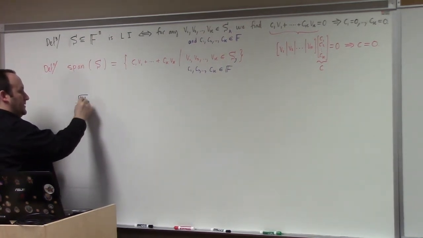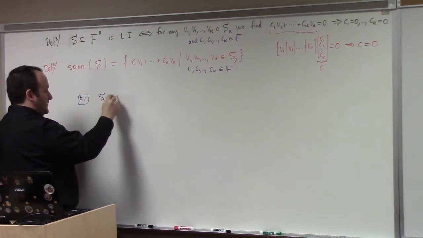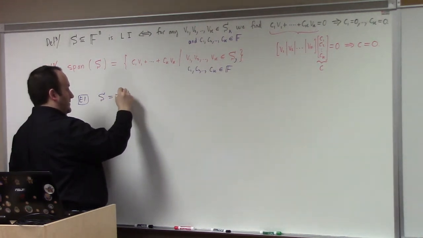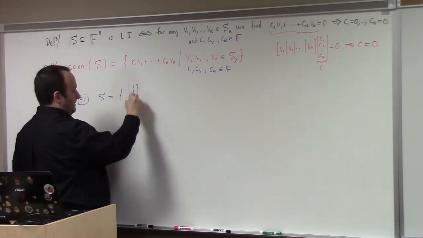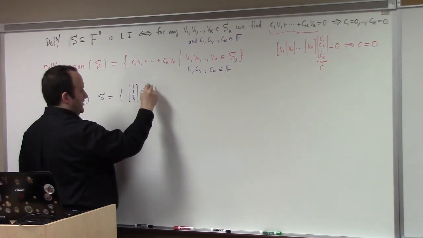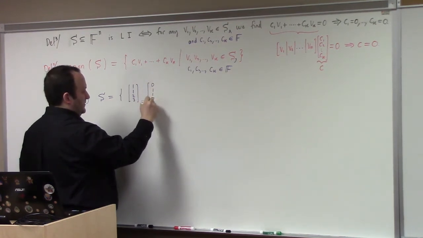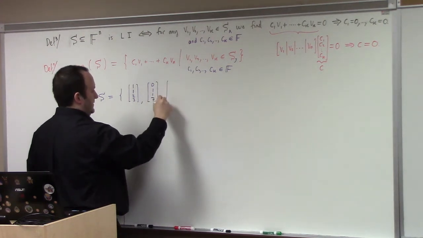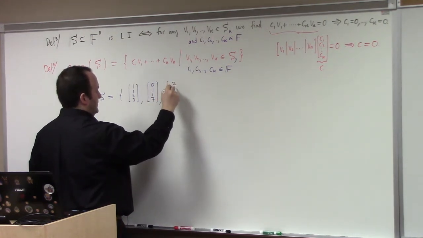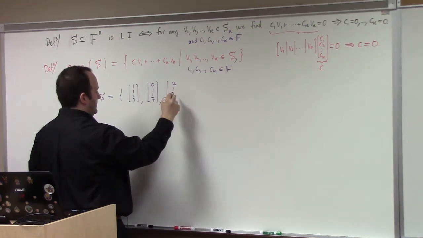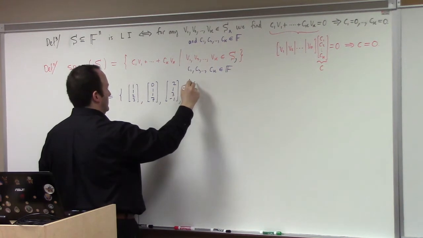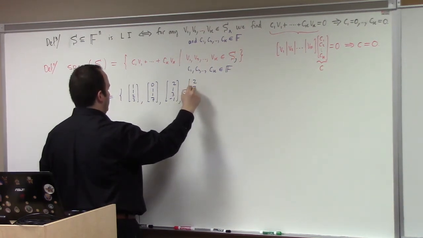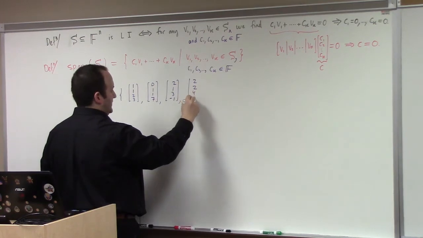So example 1. Let's look at S equal to the vectors (1, 1, 2, 3), then (0, 1, 1, 7), then (2, 1, 3, -1), and then (2, 2, 4, 6).